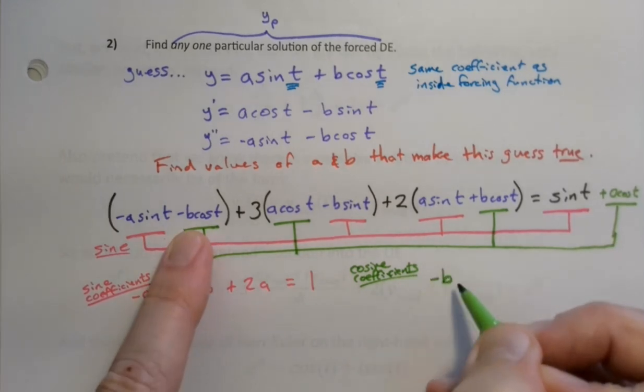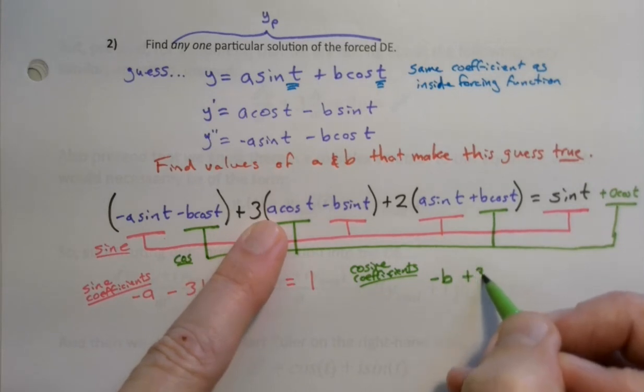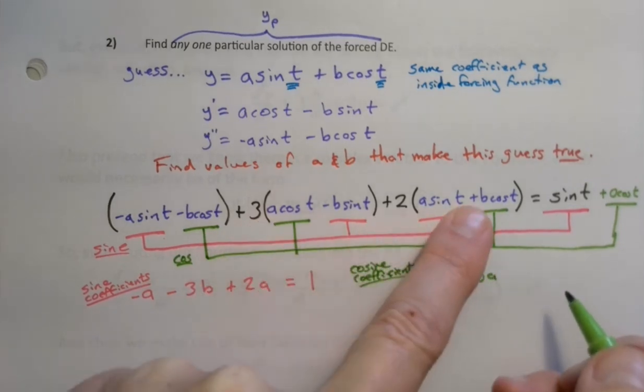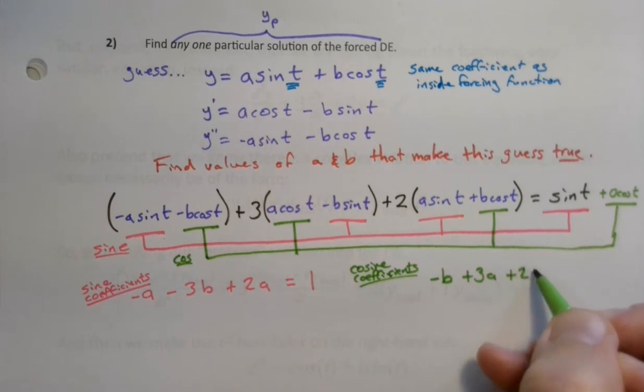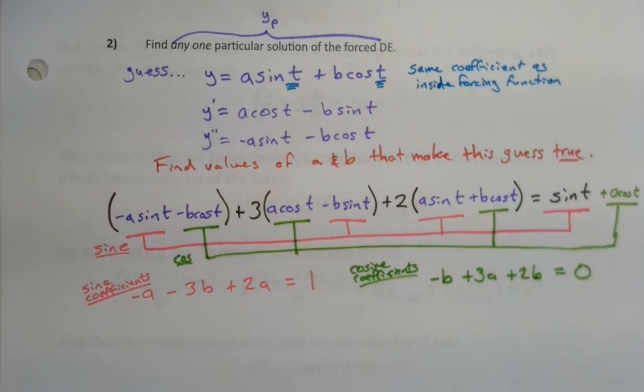Negative b plus 3 times a, so that's plus 3a, and then 2 times b, plus 2b. And on the other side, it's got to equal 0, because all those coefficients have to add up to having literally no cosine term. So I actually have 2 equations with 2 unknowns, the a value and the b value, that I can now manipulate.